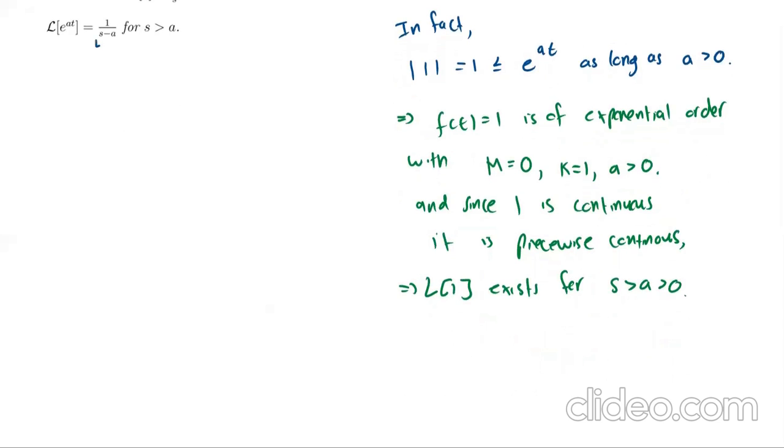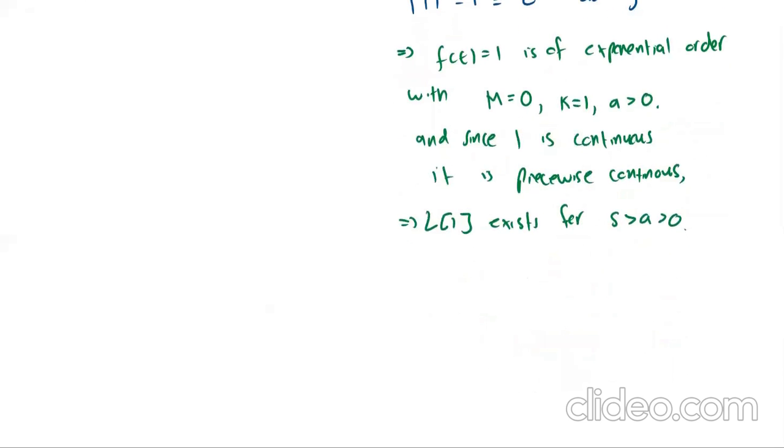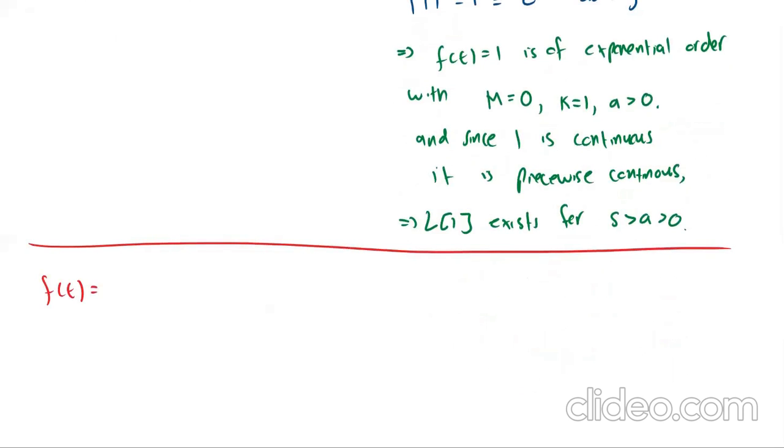Here, I gave you what it was, it's from the theorem. Let's actually use exponential order. Let's look at f of t equal to e to the at.